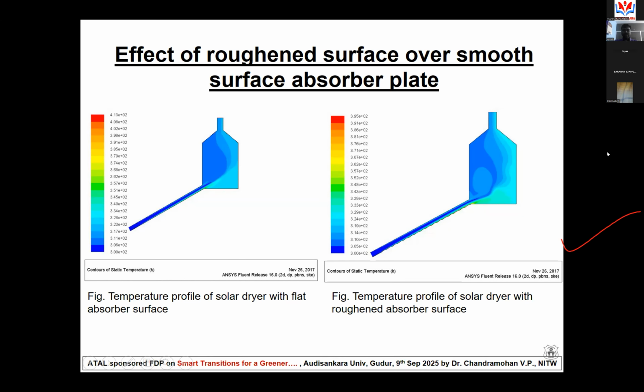There we were able to find out that if you see these two systems, in this system the left side has almost a lower temperature and the right side almost a higher temperature. When we provide the corrugations, mixing takes place. You see inside, there is mixing taking place. That's why the corrugation always helps, not only inside the solar air collector but also inside the solar drying chamber, where air mixing takes place.